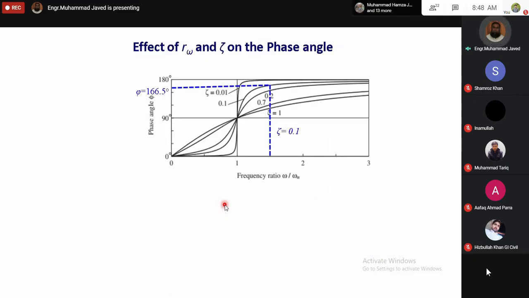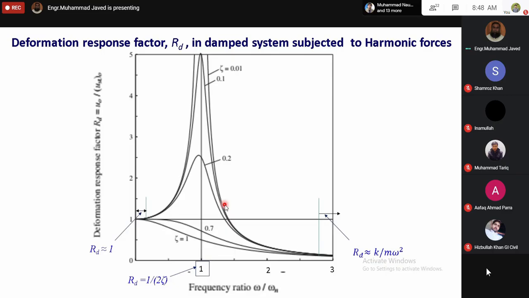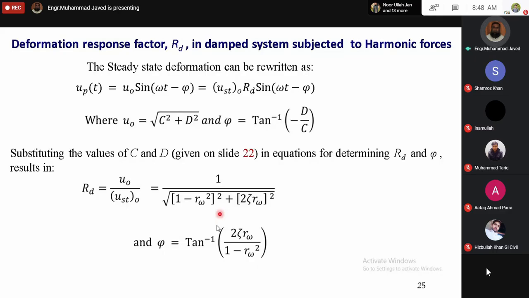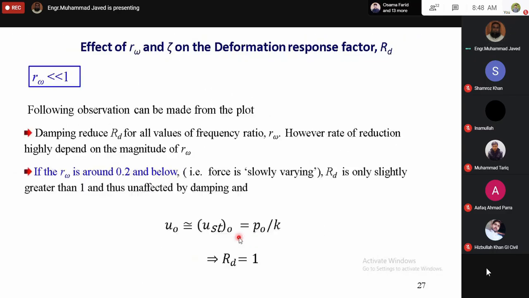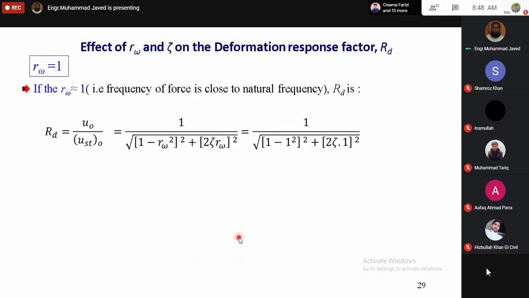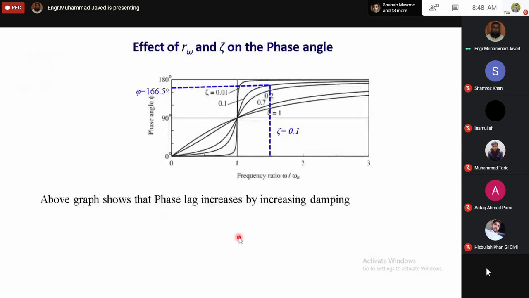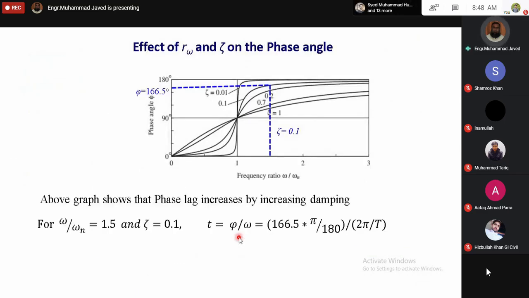अच्छा आगे बढ़ते हैं. सिमिलरली फेज एंगल इज, आपने यहां पर देखा कि फेज एंगल जो है ना ऑल्सो डिपेंड्स अपॉन जीटा. Similarly, we can calculate phase angle and we can convert it into corresponding time.